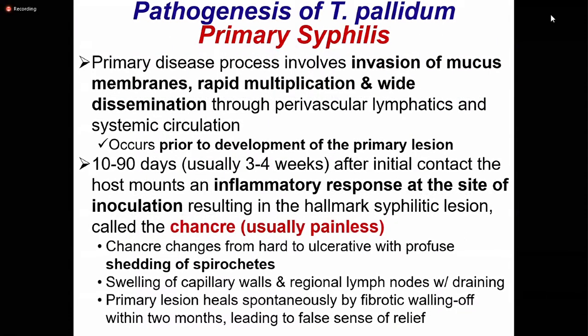I don't want to go into details. You are not supposed to know all this information, but it is good information to hear or read. My message is that there is formation of a chancre, the first stage of Treponema infection or syphilis.